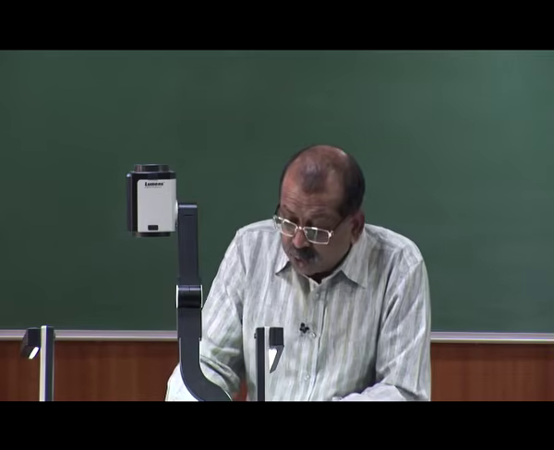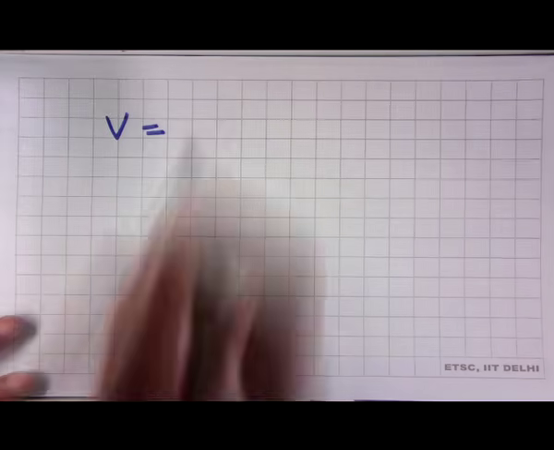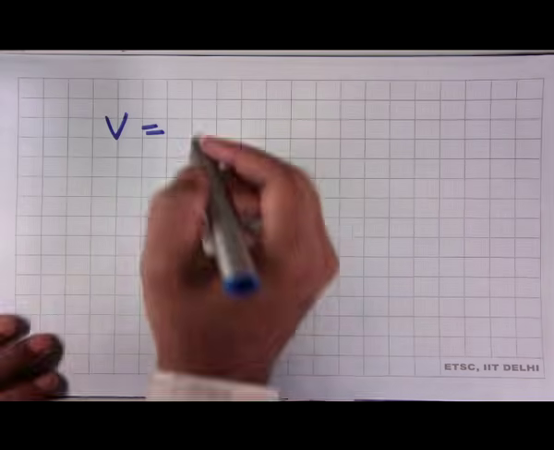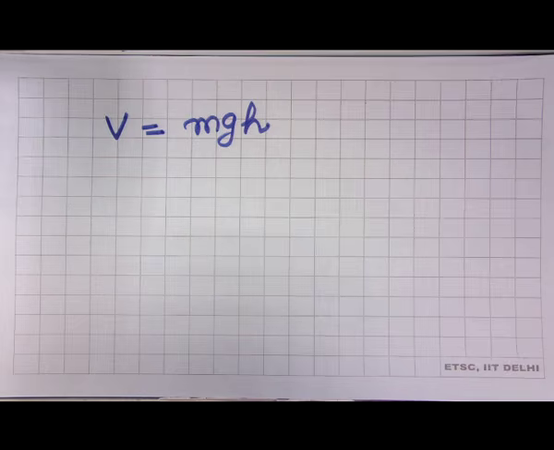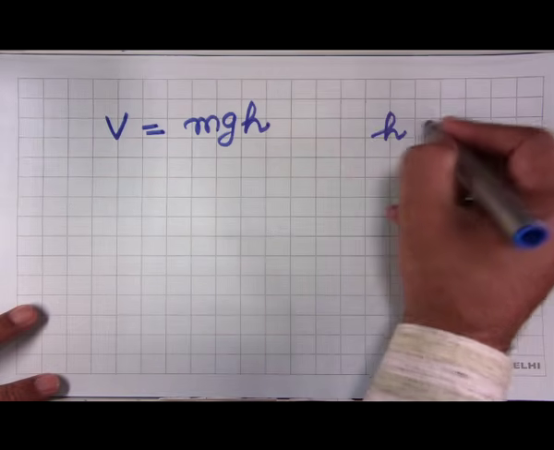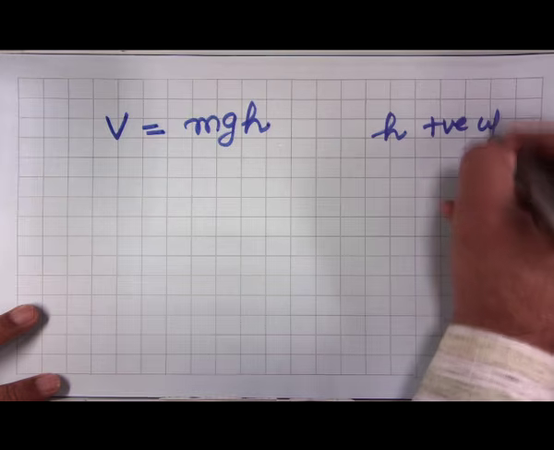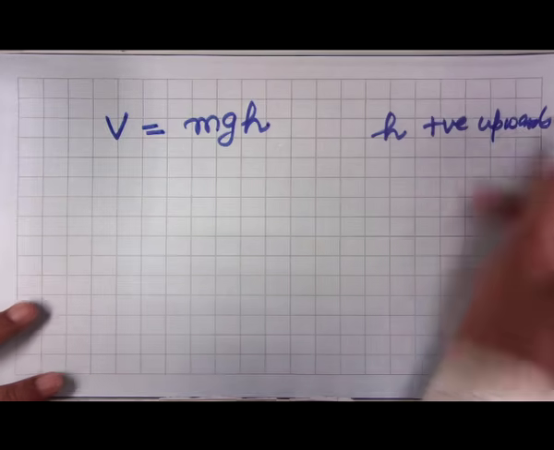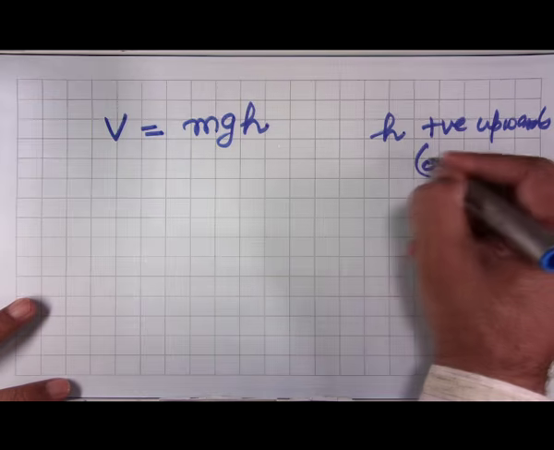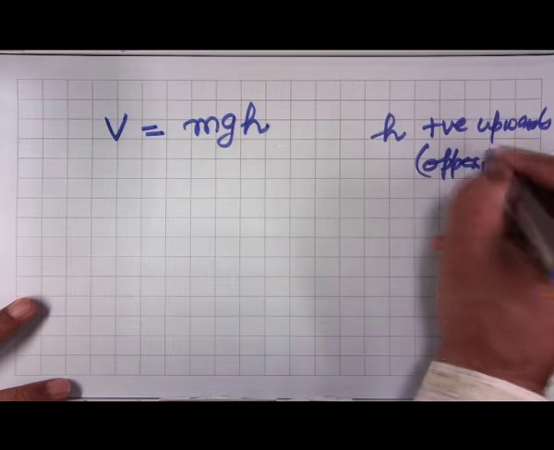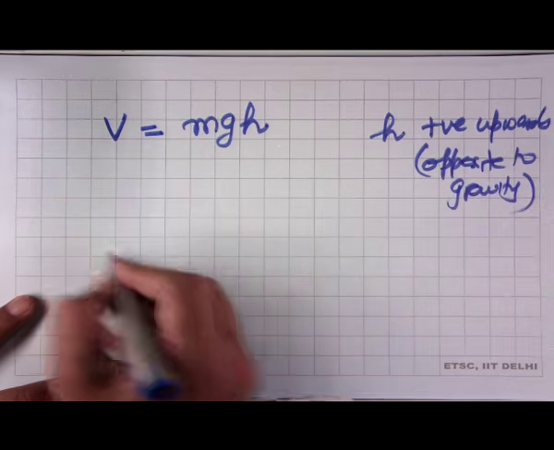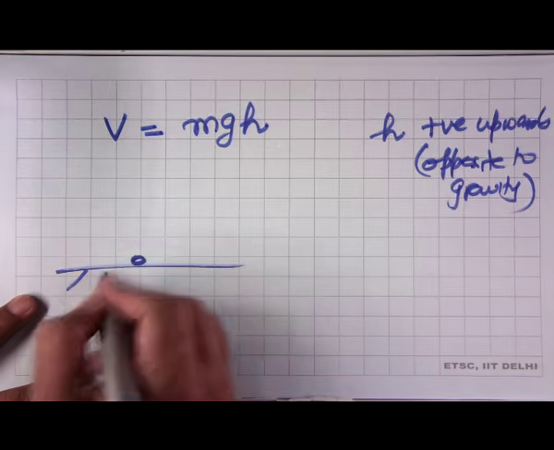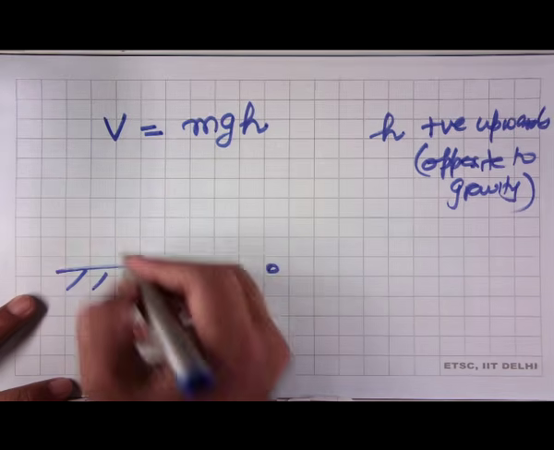And the potential energy due to gravity can be written as mgh, where h is positive when we are going upwards. Upwards means opposite to gravity. So, if we are, let us say, at this position on the ground, we call this the 0 position.